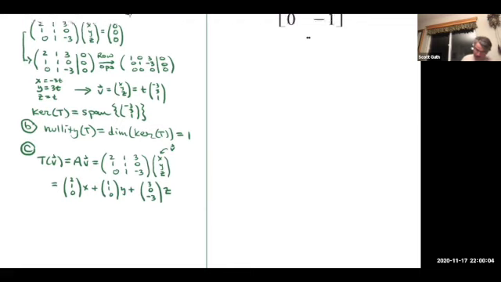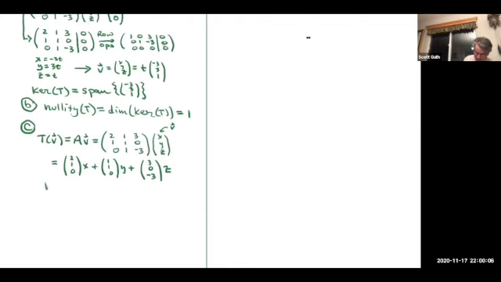So the range of T is the column space of A. Okay, you're just looking at the possible outputs of T, and it's just linear combinations of these columns. And so that is the definition of the column space.